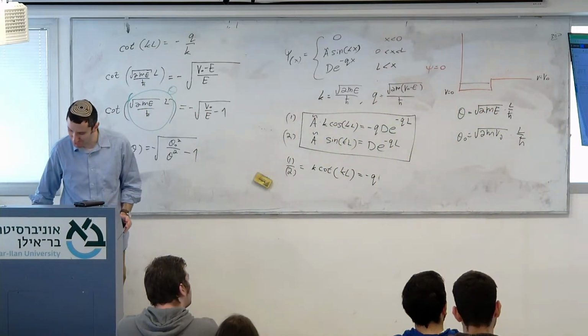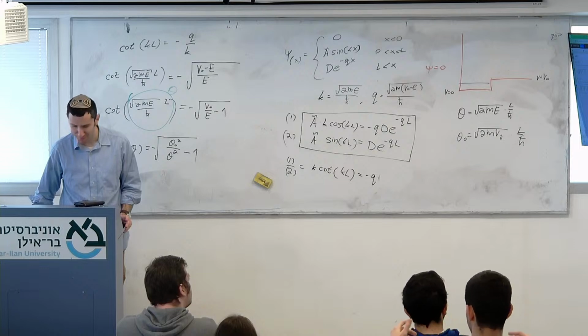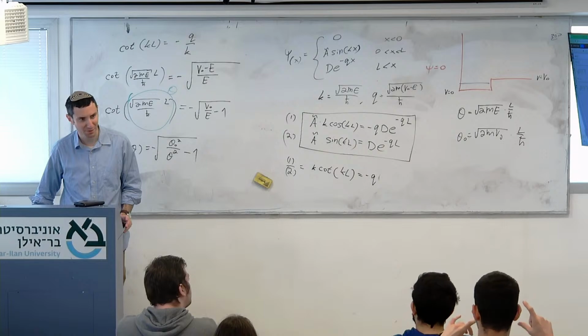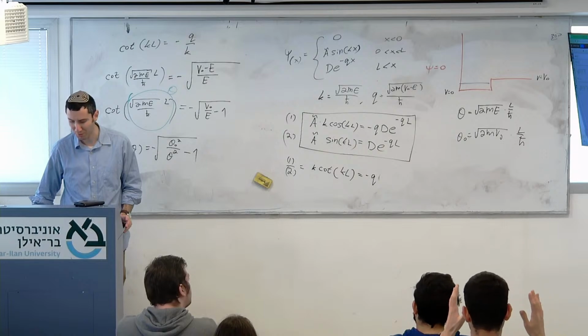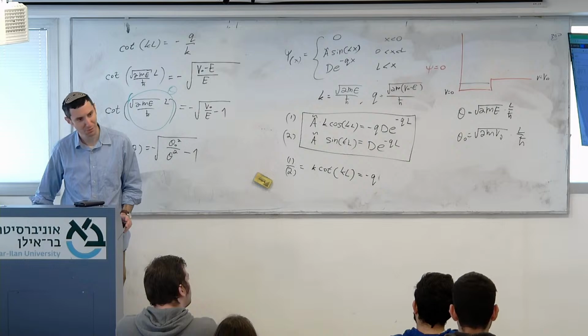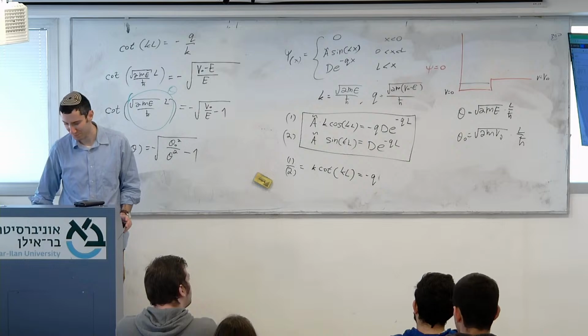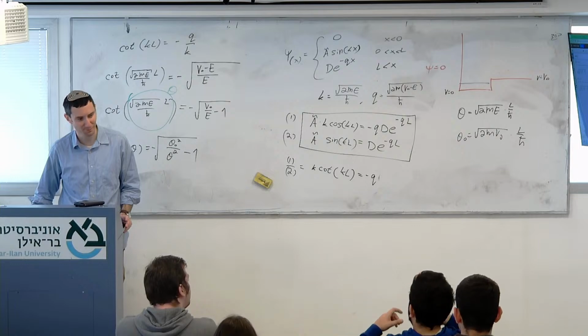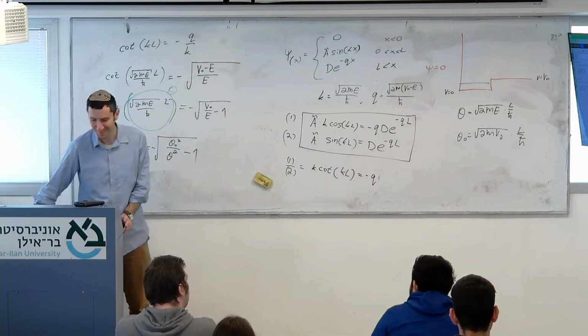Why does it not diverge here at pi over 2? Why does it diverge at pi? Cotangent is like tangent, but it's inverted and it's moved. So the distance between two asymptotes should be pi. Why not pi over 2? Oh yeah, it should be pi, right, because it's cosine over sine.